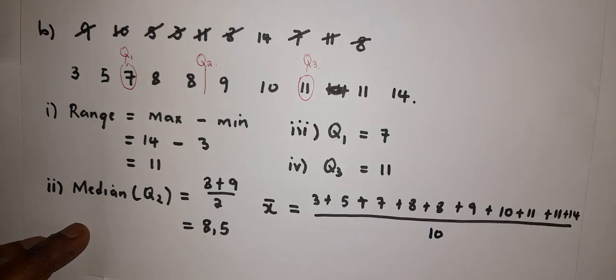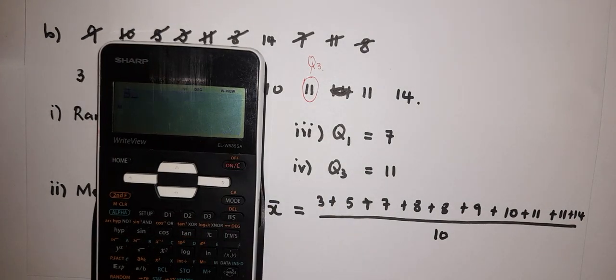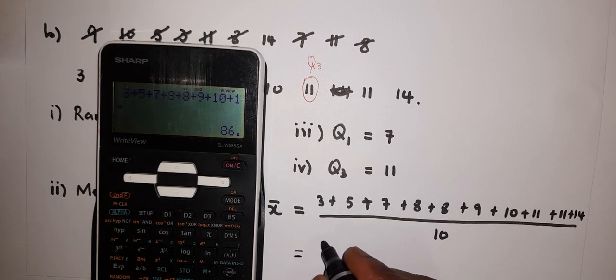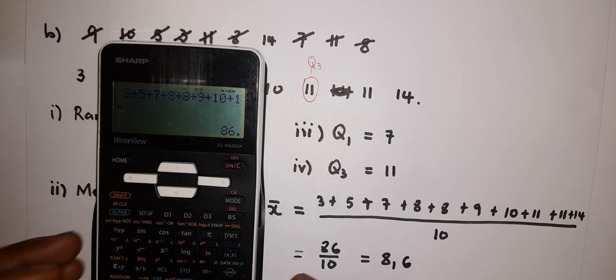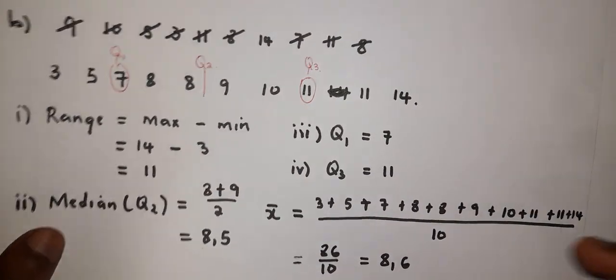Divide by 10 values, which gives us 86 divided by 10, which is 8.6. Therefore that becomes our mean, just like that, grade 10s.